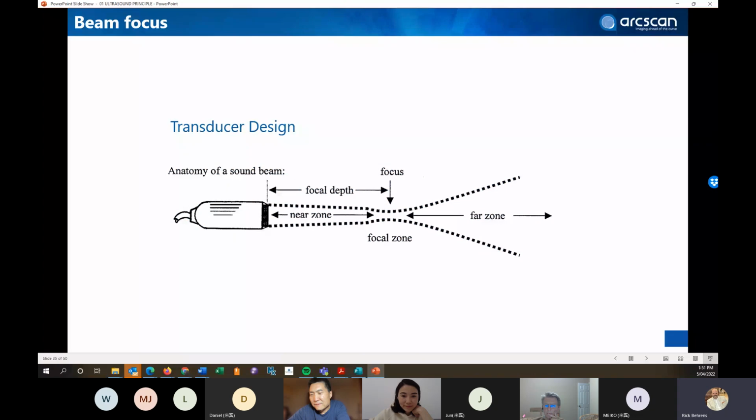Every single transducer has an area of focus, and this is very important. On the screen, you're going to have a red line. That red line is the area of focus, where you get the best image and best resolution.